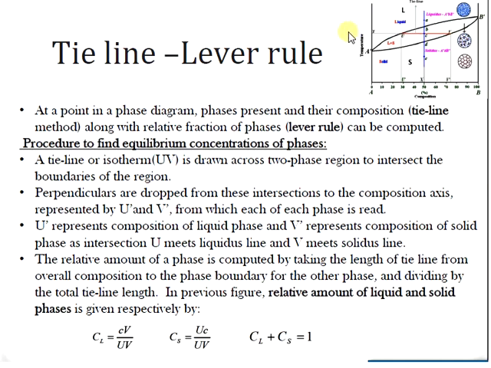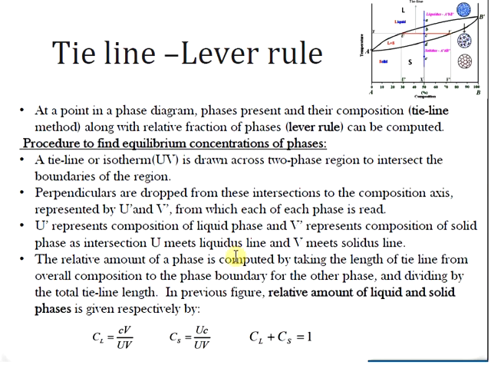In the two-phase region, that is this liquid plus solid region, we want to know what percentage of solid we have and what percentage of liquid we have. Let this capital X represent the composition of the alloy of our interest. The fraction of solid present is given by the composition of the liquid minus the composition of the alloy at that particular temperature, divided by the entire composition range inside that two phase field.